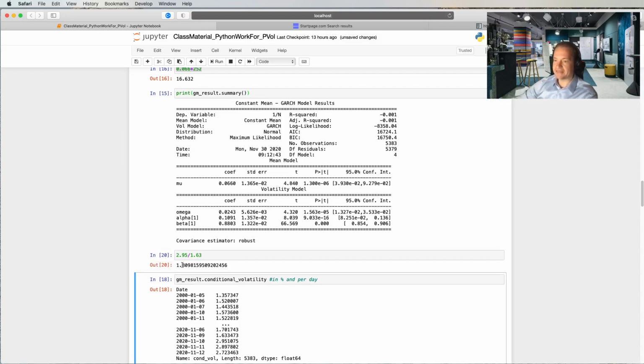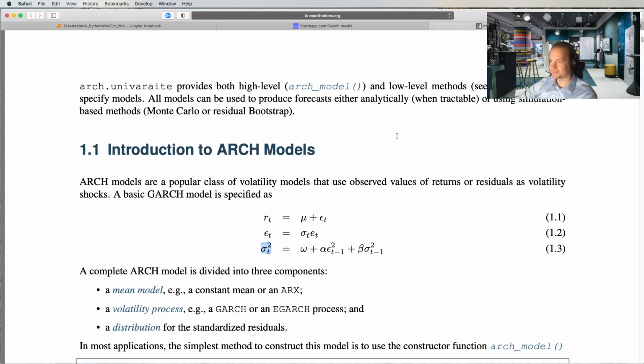You get an 80% jump in volatility, relatively speaking, within a day, for the GARCH, which is already smooth. The GARCH did it. But why did the GARCH do it?